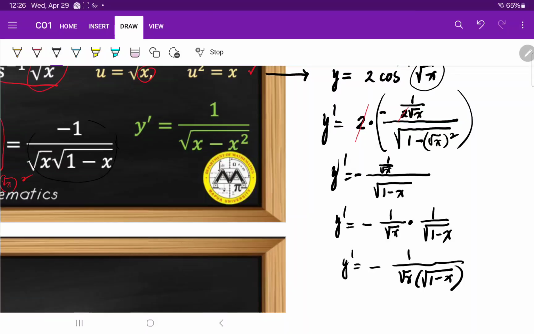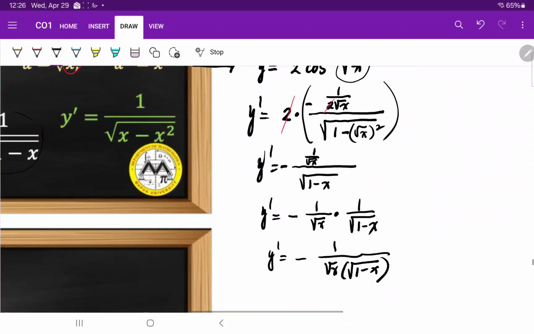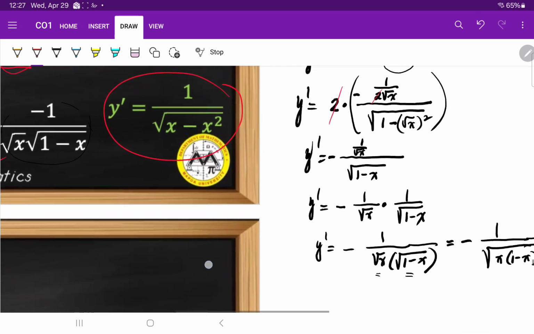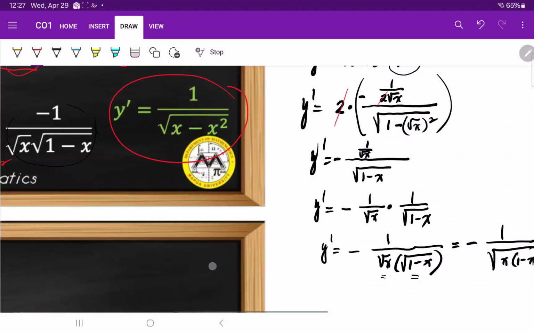Alright, and then since we have the same square root, we could combine the two under the same radical. So this is x times 1 minus x. Okay, this is the final answer, but what's done is to distribute the x.